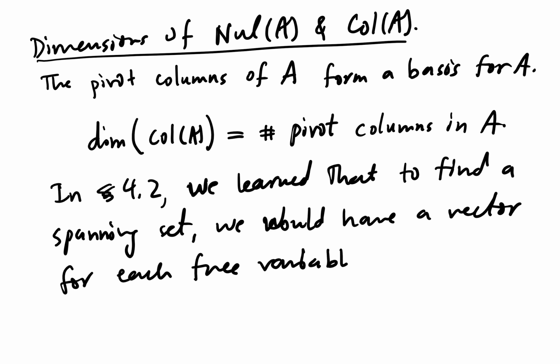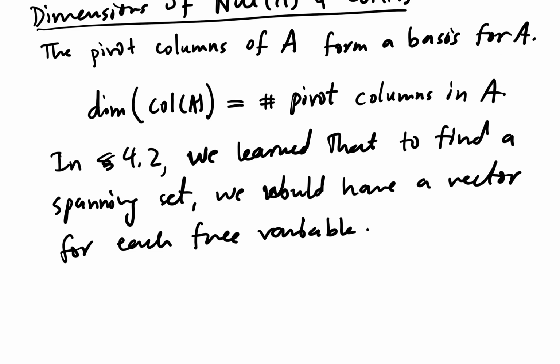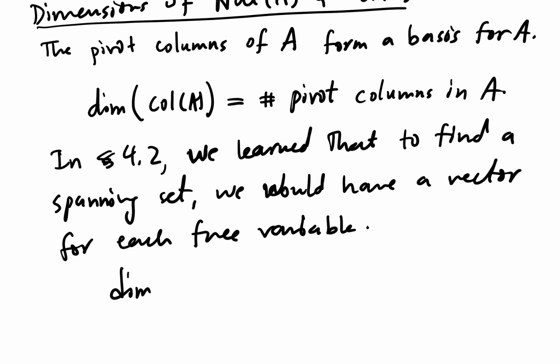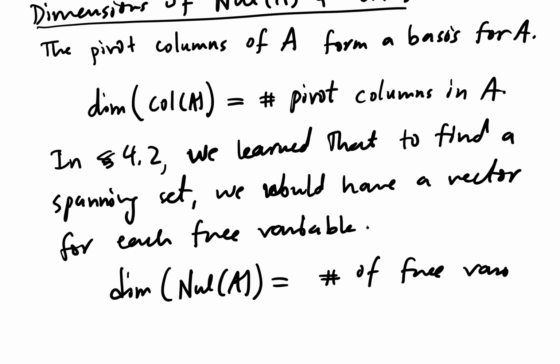So if you have 5 free variables, you have to have 5 vectors. Therefore, we say that the dimension of the null space of A equals the number of free variables in A. So it will be 1 vector per free variable, right?